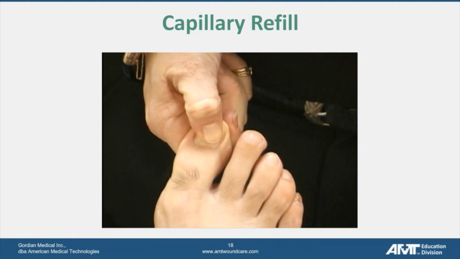If someone does have polish on their nails, then you'll push on the fatty pad at the very tip of the toe to do your capillary refill examination. If it takes longer than 3 seconds for the blood to fill back in after you blanch the toe, that is an indication of some arterial insufficiency. You just don't know how much, and you need higher level vascular studies to give you some objective measurements.